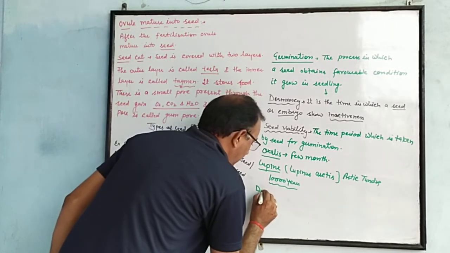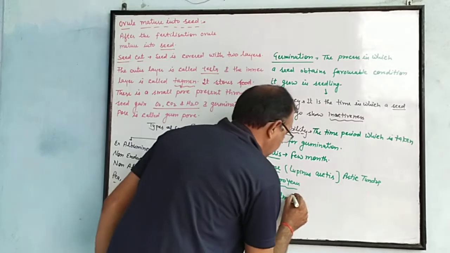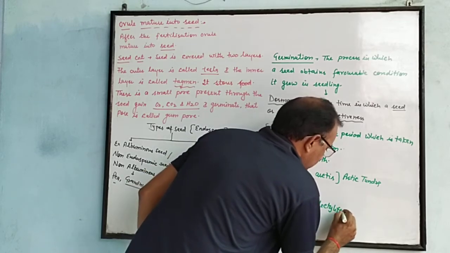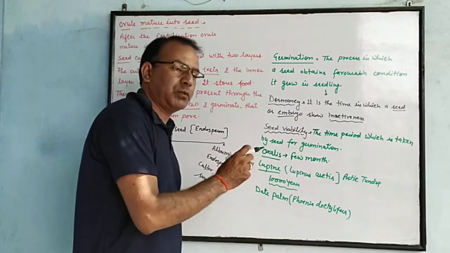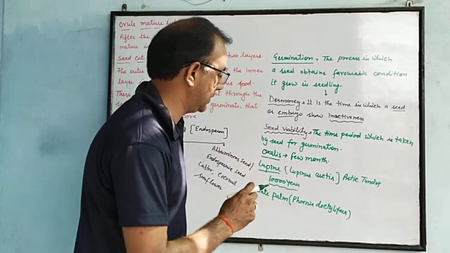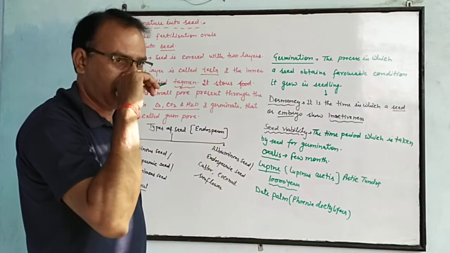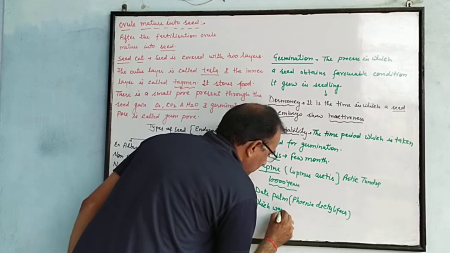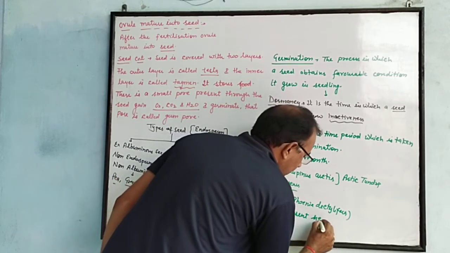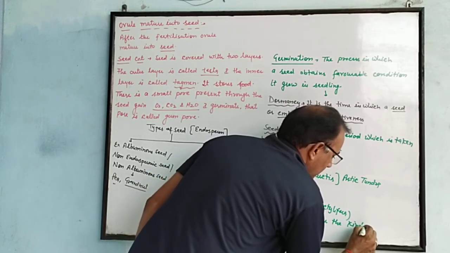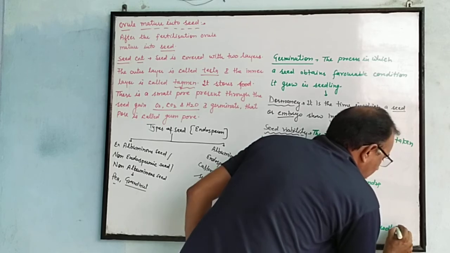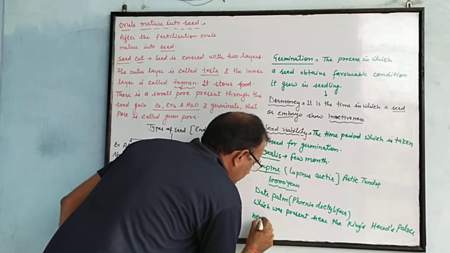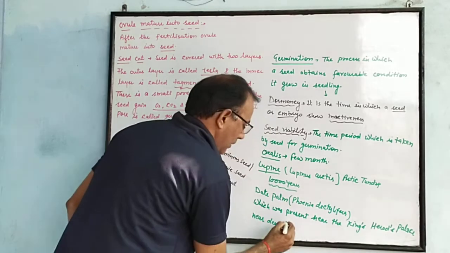One more is the date palm, Phoenix dactylifera, found near King Herod's palace near the Dead Sea.